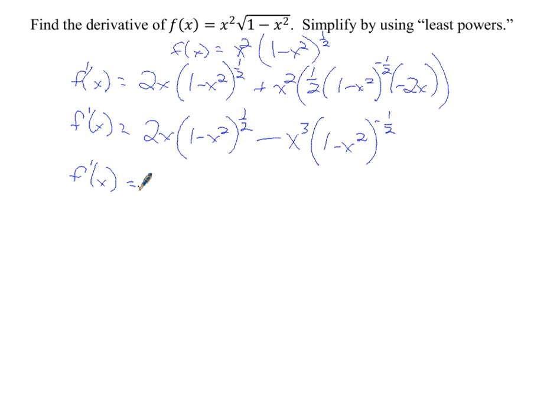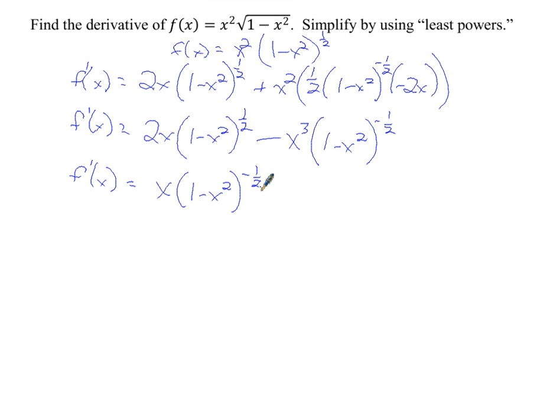Look at the numbers. 2 and negative 1. There's no GCF there aside from 1. So we skip the numbers. Look at the variables. What? X. And then look at the binomial that we have there. So yeah, 1 minus x squared to the negative 1/2 is the least power there.